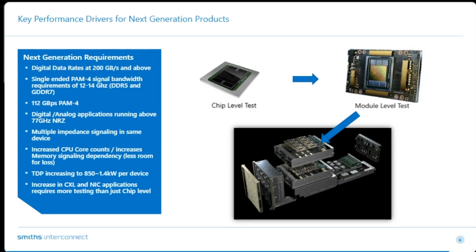A big one is multiple impedance signaling in the same device or the same pin array. We're seeing increased CPU core counts, and this puts a huge strain on the memory signal dependency. And of course, there's the thermal design power, which we're seeing anywhere from 850 to 1400 watts.